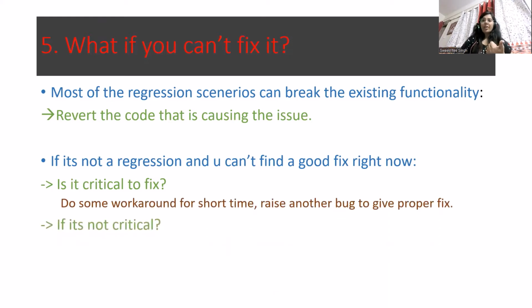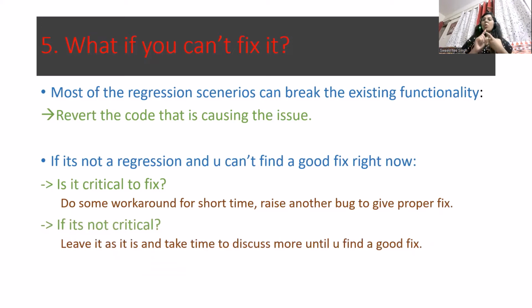If it's not critical, you are not able to fix it and it is not a regression, then leave it as it is and take time to discuss more until you find a good fix.